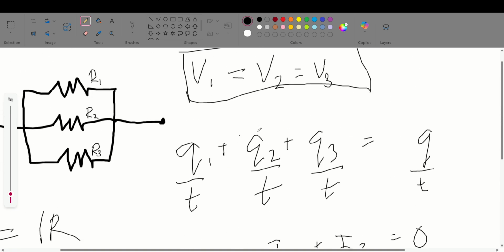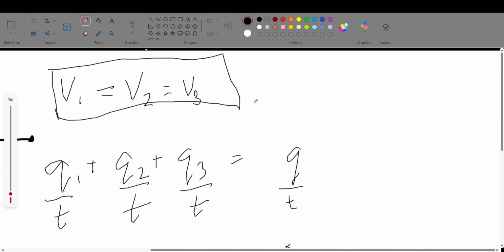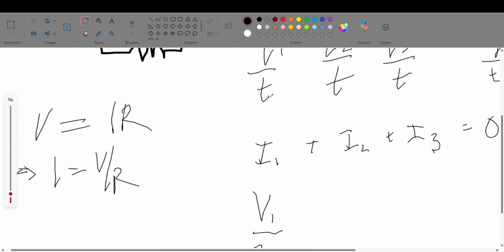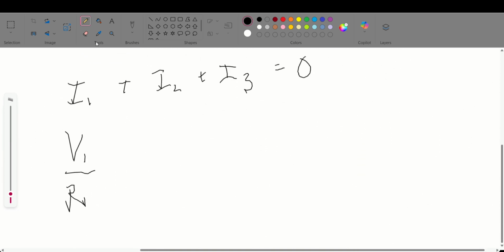But since V1 is equal to V2, which is equal to V3, let's just call this V. So I'll erase the 1 over here. We don't need that.